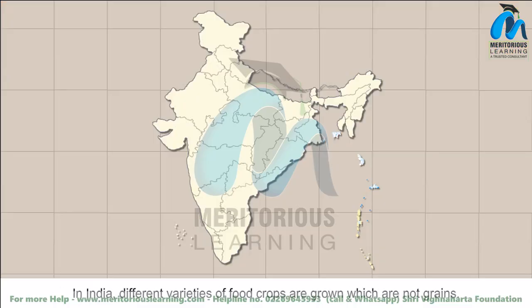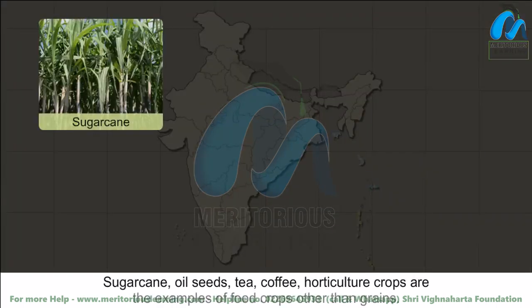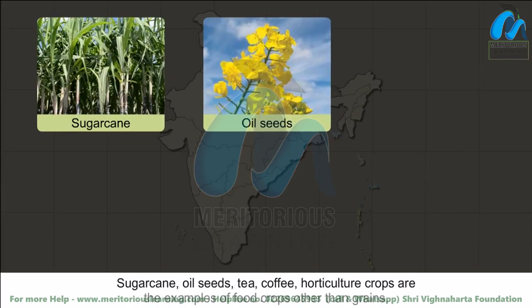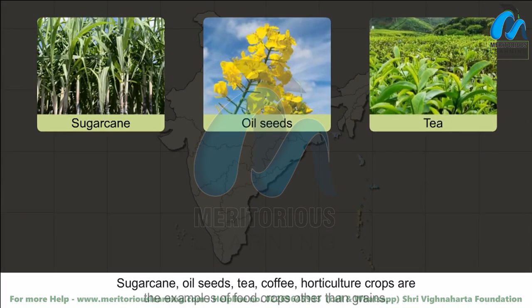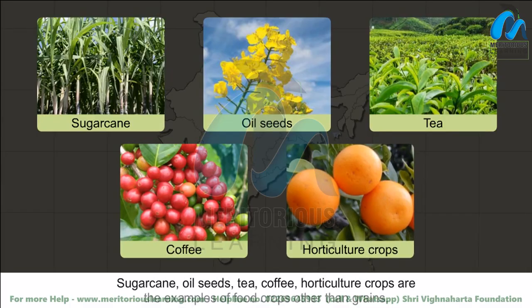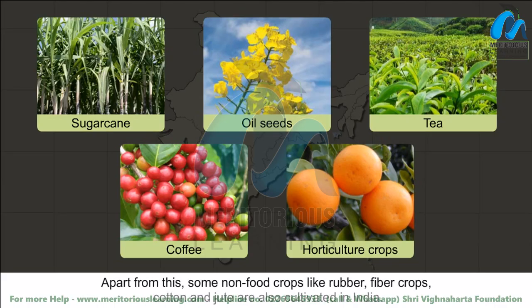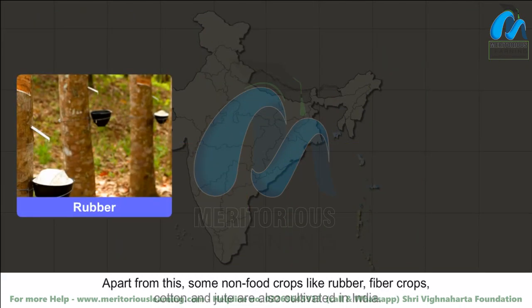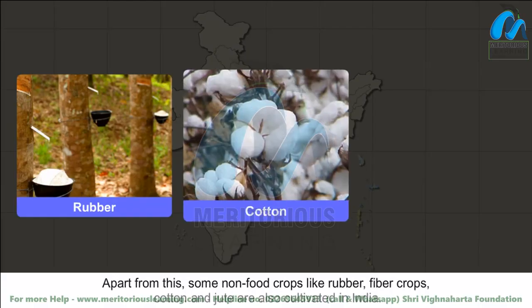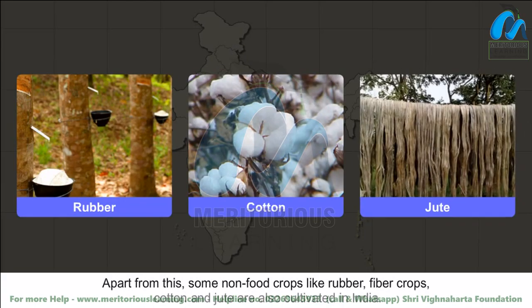In India, different varieties of food crops are grown which are not grains. Sugarcane, oilseeds, tea, coffee, horticulture crops are examples of food crops other than grains. Apart from this, some non-food crops like rubber, fiber crops, cotton and jute are also cultivated in India.